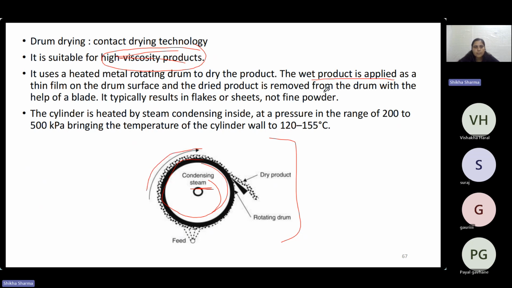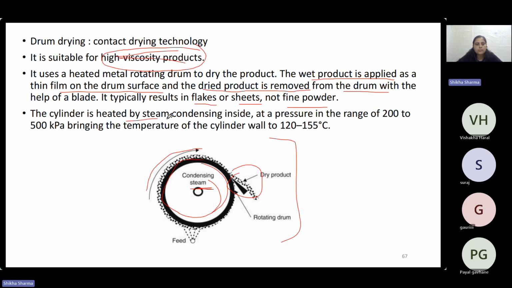So the wet product is applied as a thin film on the drum surface, and the dried product is removed from the drum. Either from here, the dried product will be taken out using a blade. So here, we get sheet-like or flake-like products, not fine powders.